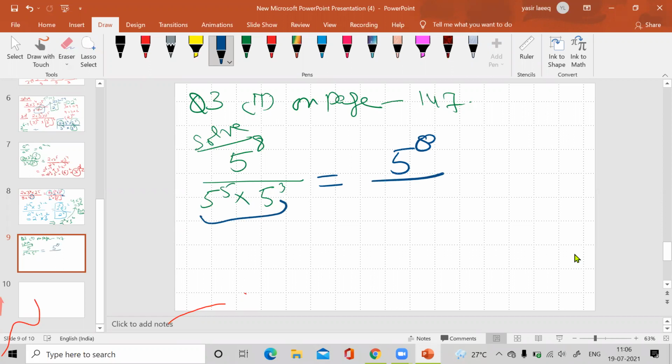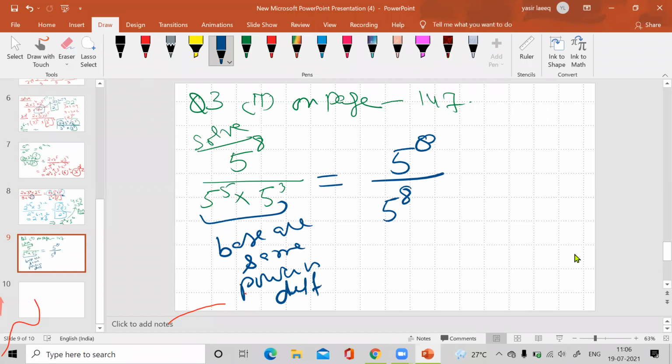Okay, here see the bases are same. Power is different. So it will be again 8. When you solve it, you will get the answer. This is cancelled out.